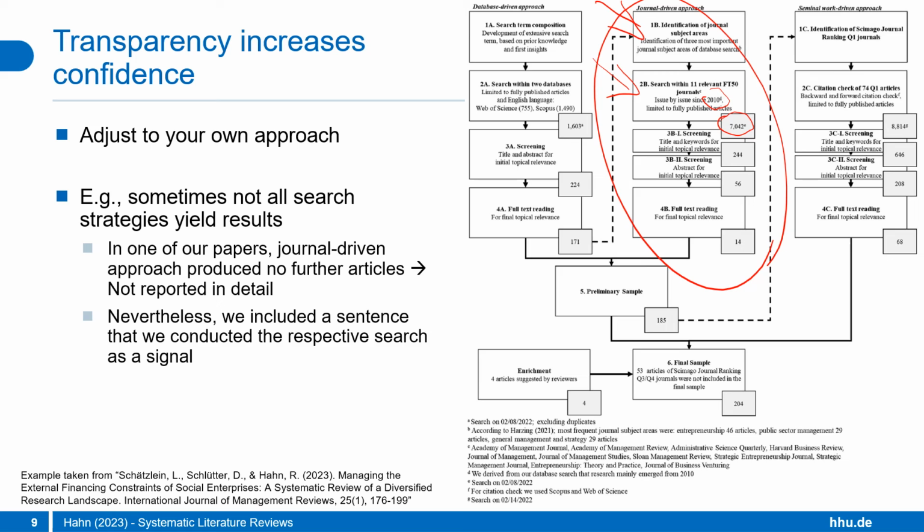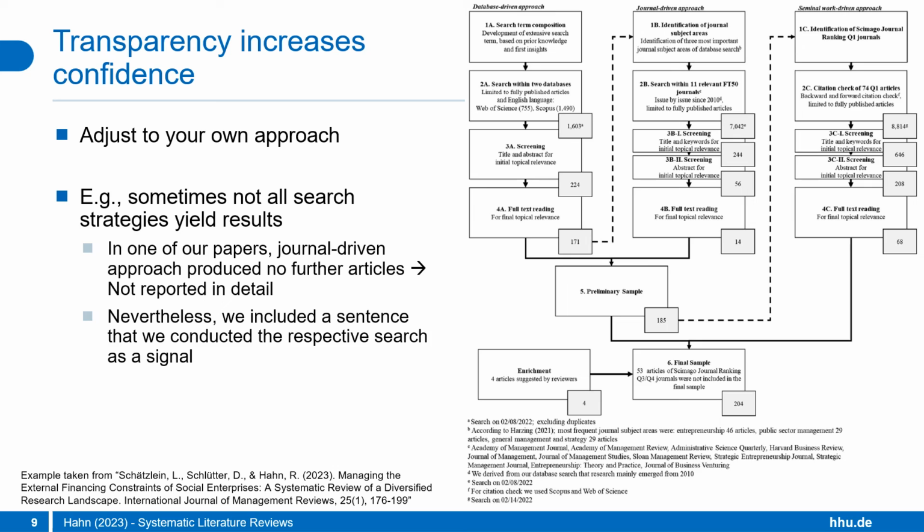We divided that approach, because looking directly at titles, abstracts and years would have been too much with 7,000 articles. So we first went through just the titles and ended up with that number. Afterwards, we screened the abstracts and ended with that number. For those, we read the full text and ended up with 14 articles from the journal-driven approach, which we added to our sample.